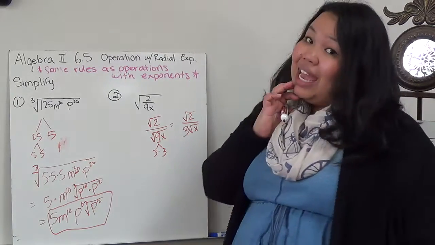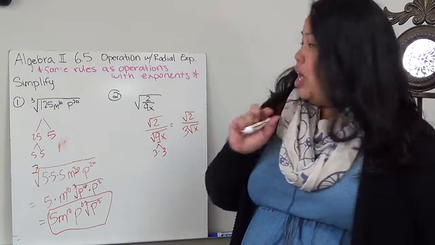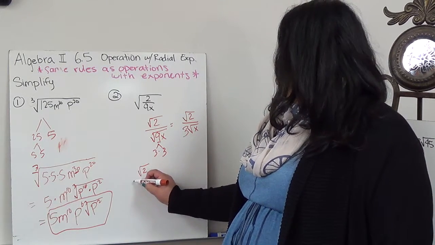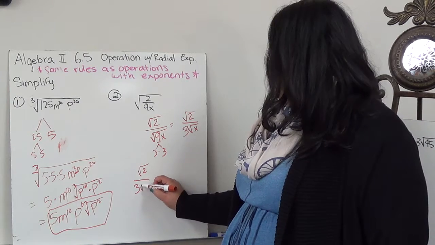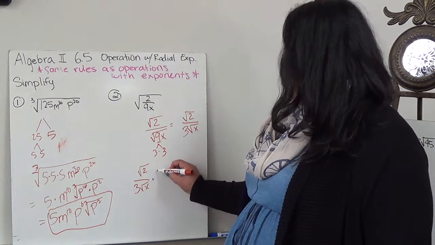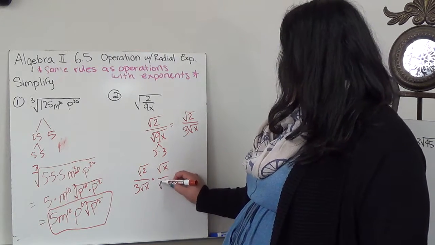The thing is, I can't have a square root in the denominator. It's not a proper fraction, so what I need to do is square root of 2 over 3 square root x. I need to multiply by the square root. Whatever the square root is on the bottom, I'm going to multiply the top and bottom.